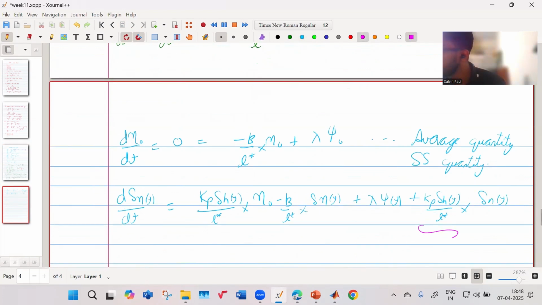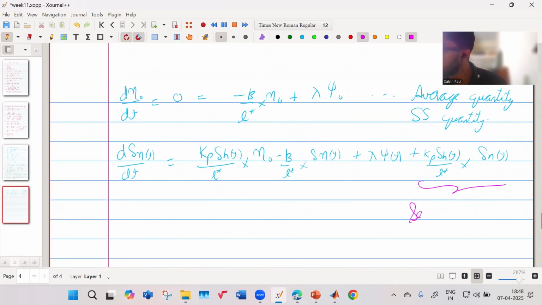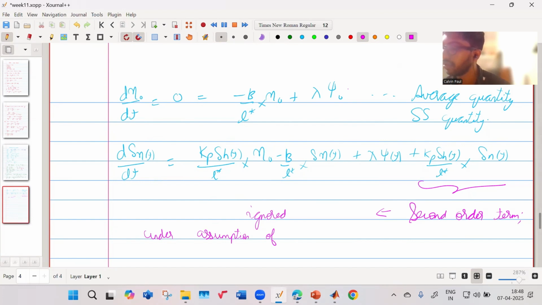So this is the second order term. And what is considered is that delta h of t is much smaller than h, and delta eta of t is much smaller than eta naught. So the product of these two small quantities is negligible. So we ignore it, under the assumption of small variation.